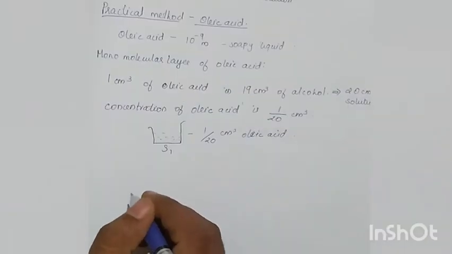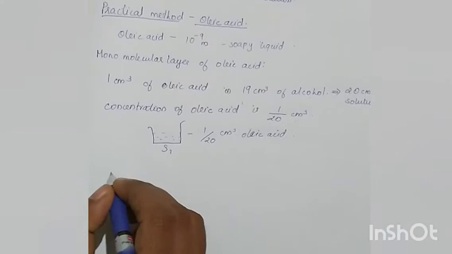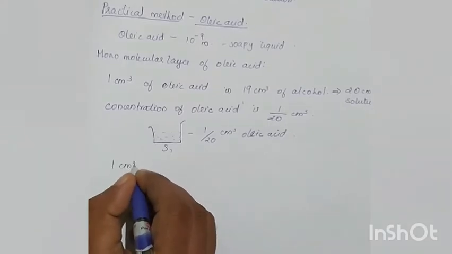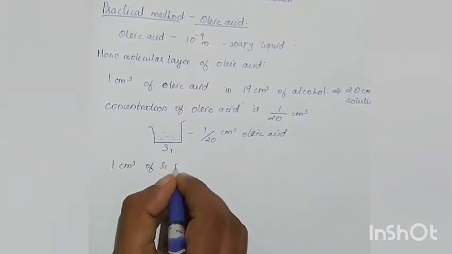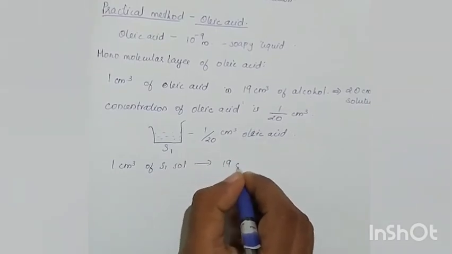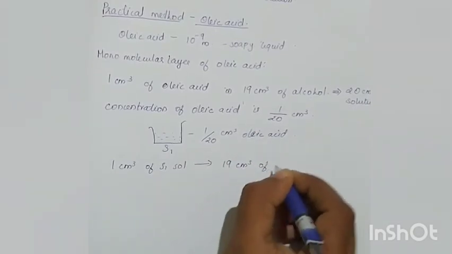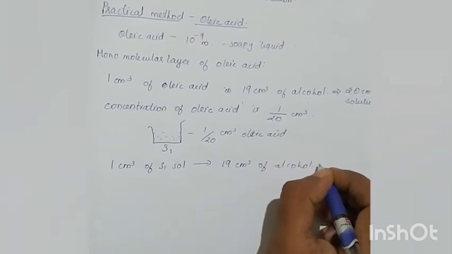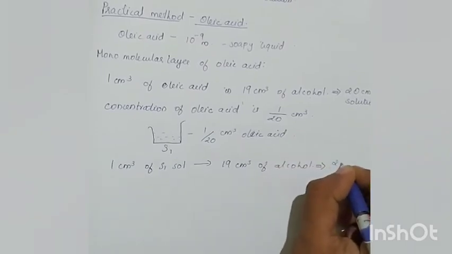Now we are going to dilute it further by taking 1 centimeter cube of S1 solution and dissolving it in 19 centimeter cube of alcohol again. Thus altogether a 20 centimeter cube solution is obtained.